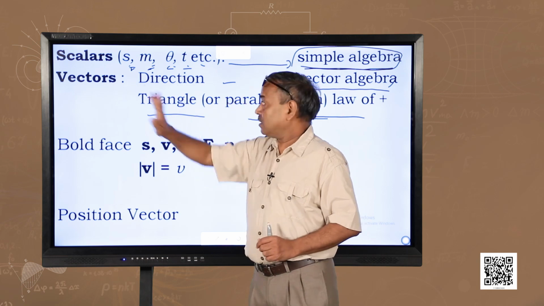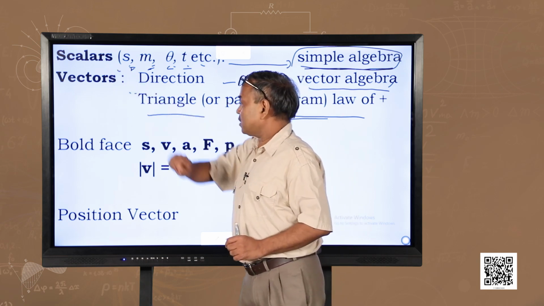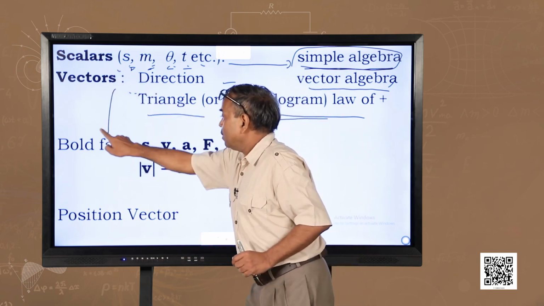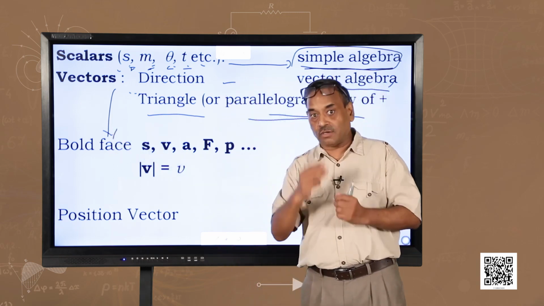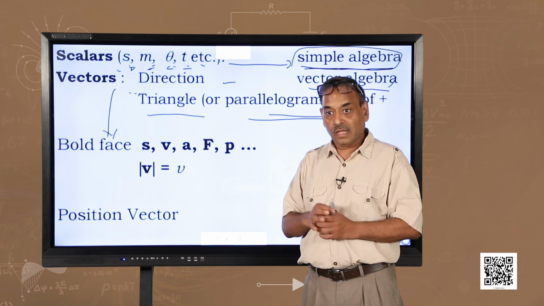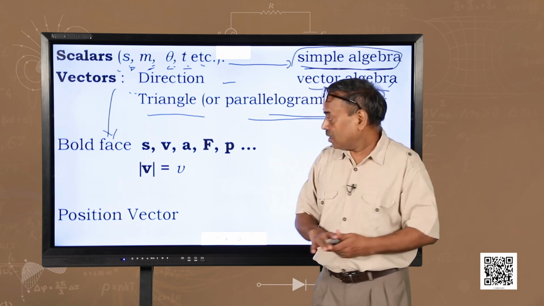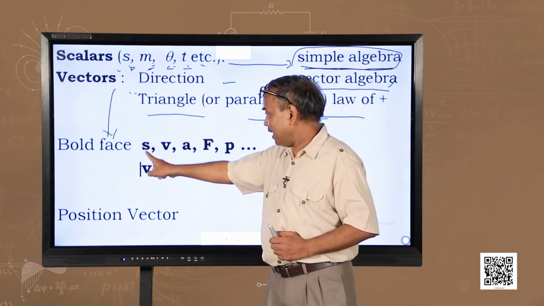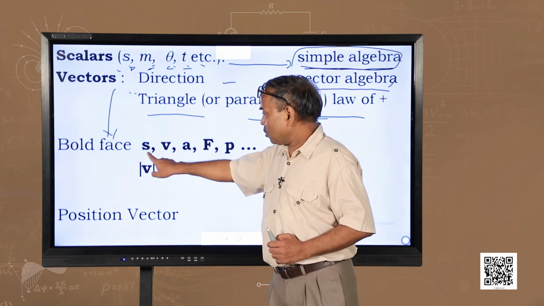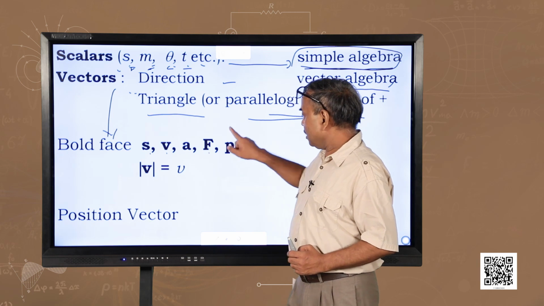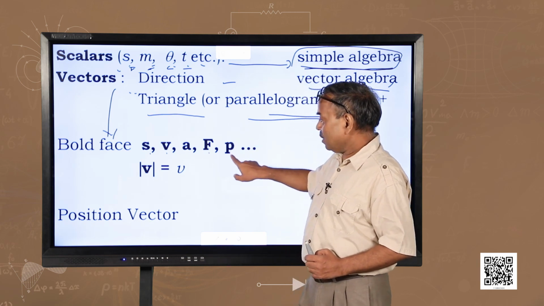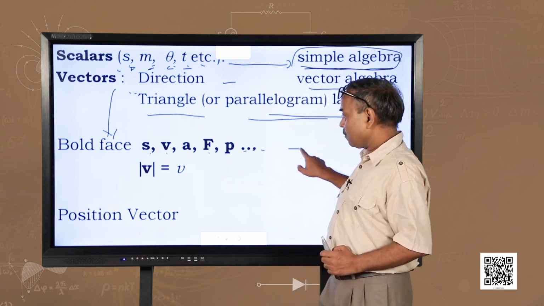Simple italic characters represent scalar physical quantities, but for vector quantities there are 3 methods of writing. Number 1, which we are using, writing them straight, not italic. This is your displacement, this is your velocity, this is your acceleration, this is your force, this is your momentum, etc., and so on.